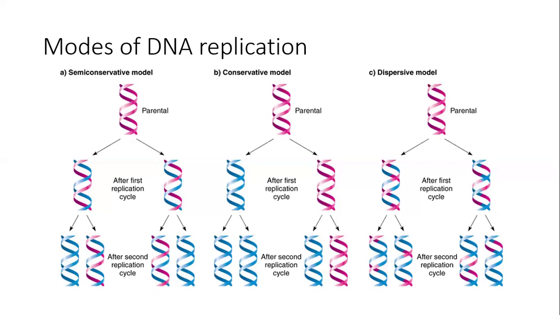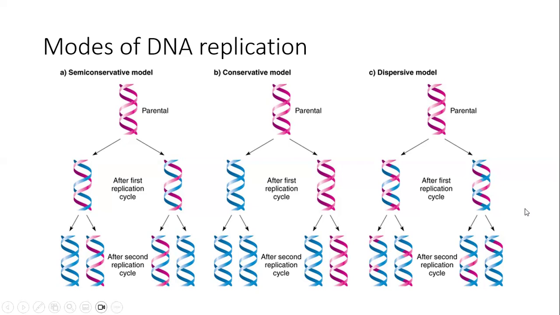According to the conservative model of DNA replication, during the replication process, both strands of the parental DNA are somehow conserved, but at the same time, they act as a template for synthesizing two new strands of DNA for the daughter cell. While according to the dispersive model of DNA replication, the parental DNA shreds at random locations and is distributed to both the daughter cells, while the gaps in the DNA are filled up by the daughter DNA.